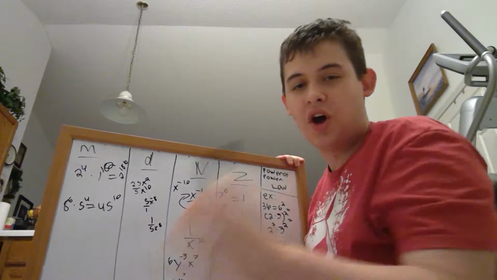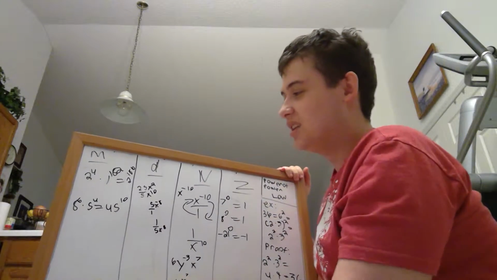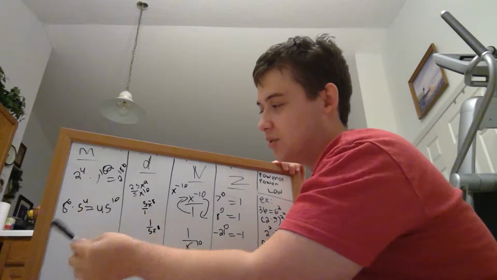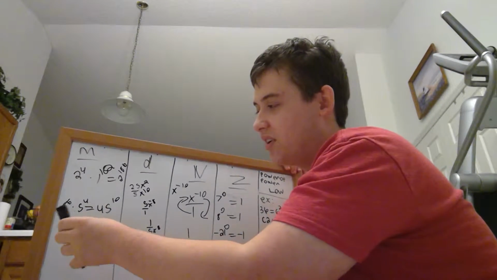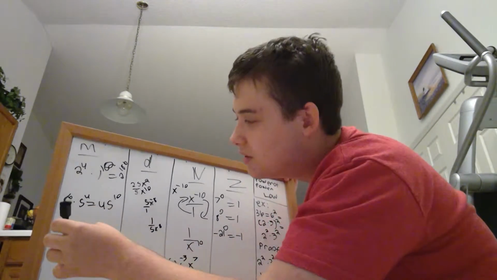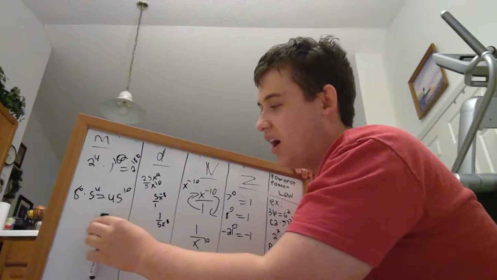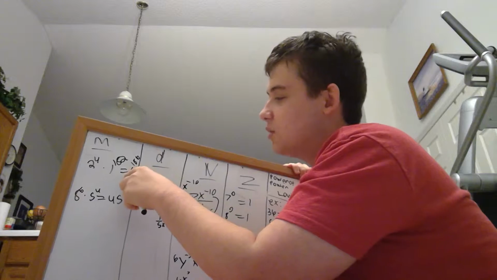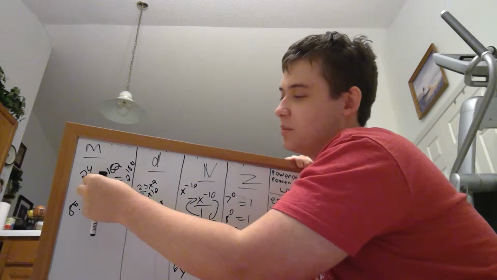Don't worry, large numbers mean nothing at all. And to show the difference, I also did a smaller one right here. 8 to the power of 6 times 5 to the power of 4 equals 45 to the power of 10. So you take these two, multiply them together.